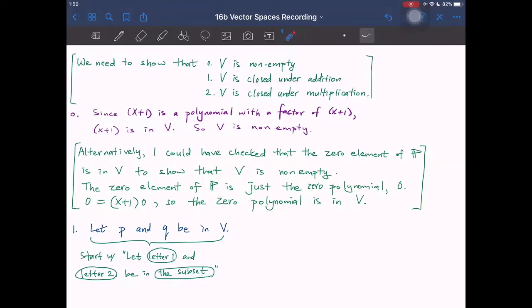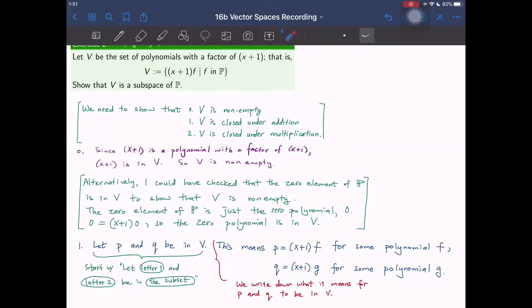Just like in the case for Rn, we want to start by saying let some letter and some other letter be in the subset in question. So I say let P and Q be in our set V. And then I want to write down what it means for P and Q to be in V. So we have to look back at the rule for being in V. Being in V means that P is equal to x plus 1 times some polynomial f.